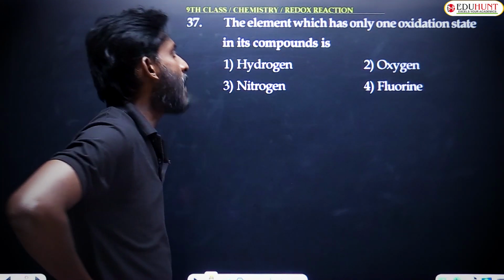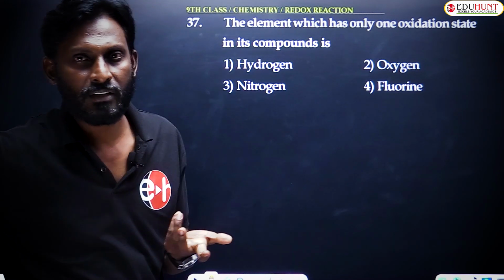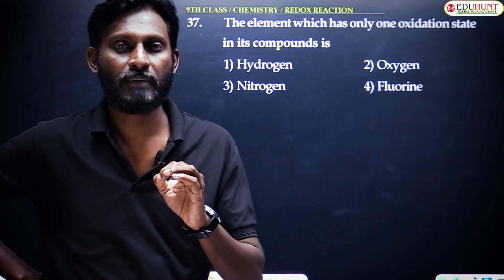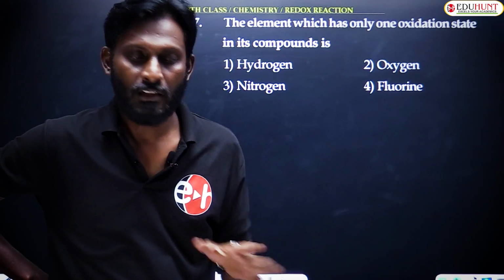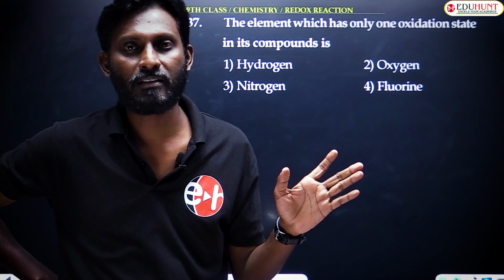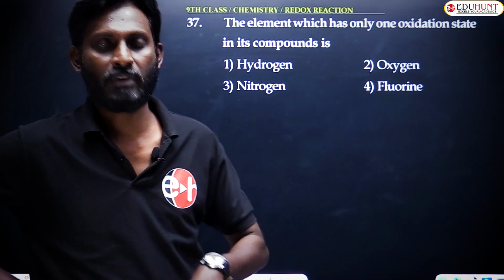The element which has only one oxidation state in its compounds, obviously fluorine. Fluorine is the most electronegative element in the periodic table. So when fluorine bonds with any atom in the periodic table in general, it will be in the state of getting one electron from the other atom.